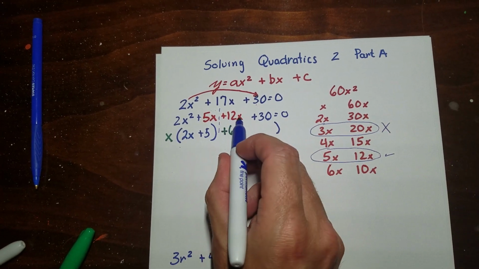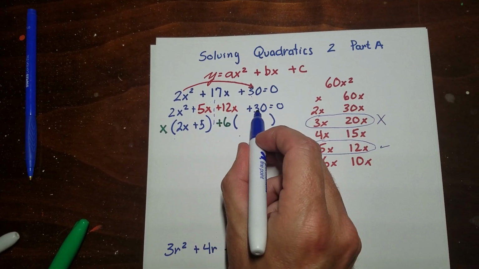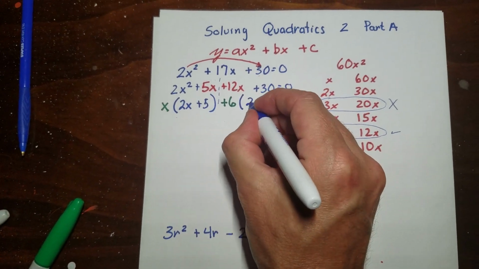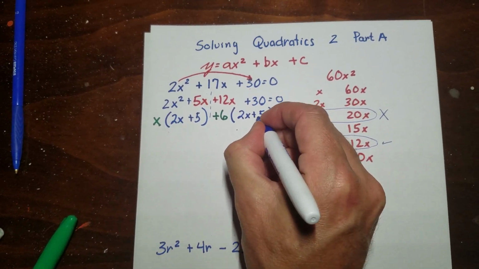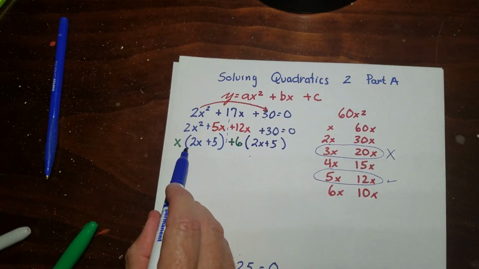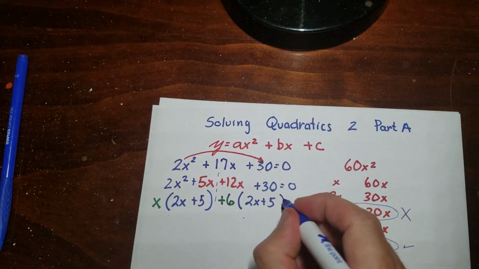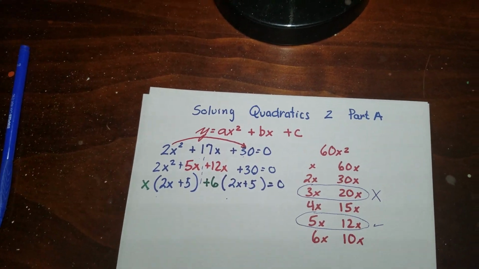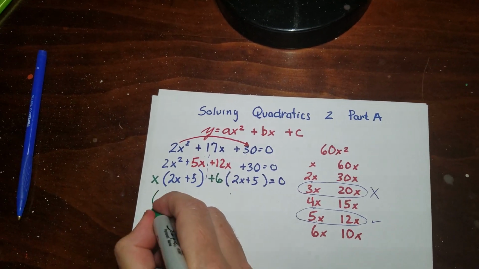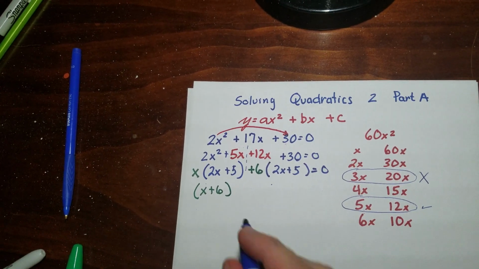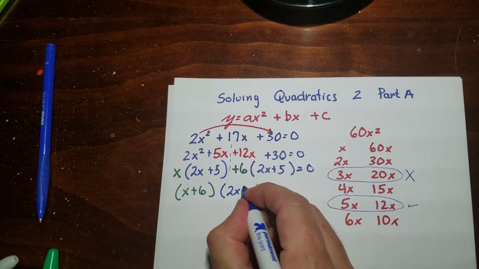Well, if I used a 3, I would get a 4x plus 10, and I don't want a 4x plus 10, I want a 2x plus 5. So that's the other way you can tell, is that when you're done pulling something out over here, you're supposed to get this. So then that gives me my 2 binomials, equal to 0. One of the binomials is x plus 6, and the other binomial is 2x plus 5.